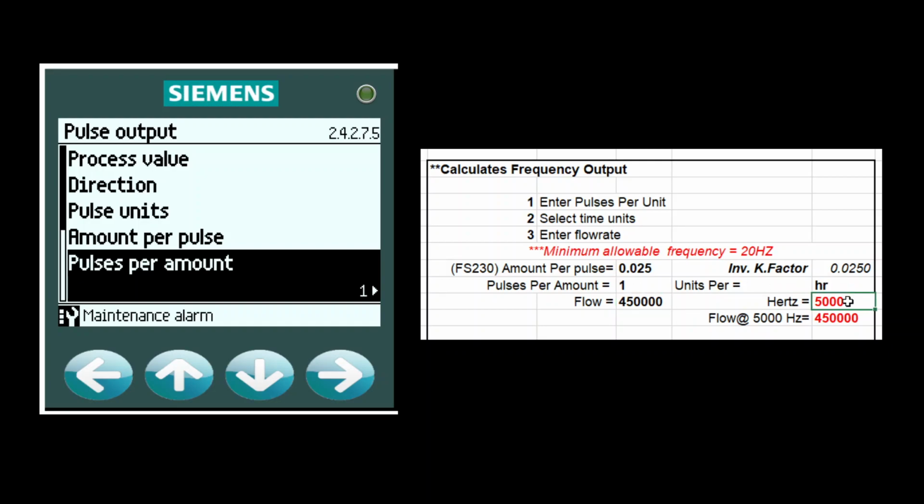as long as you make your pulses per amount 1. Either way, it's going to give you 5,000 hertz at a certain flow rate. So again, 0.025 and 1 will give you 5,000, but so will 1 and 40 give you 5,000 hertz at this flow rate.